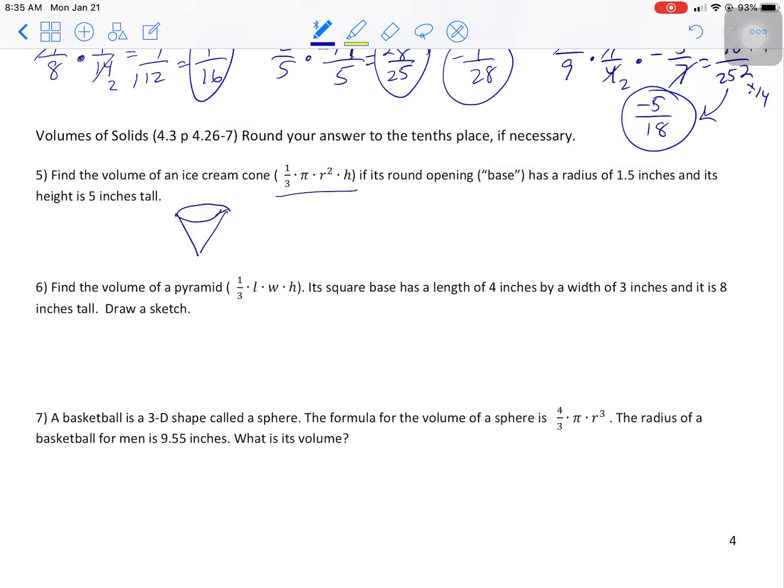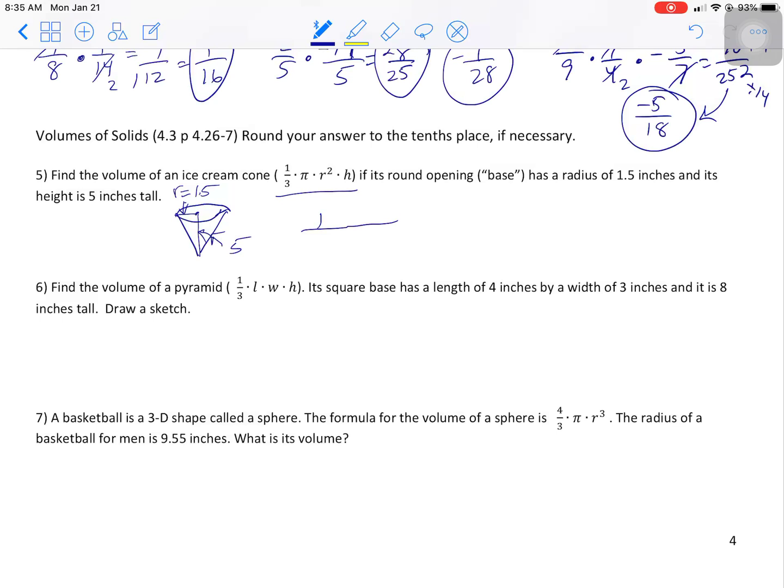And it says 1/3 times pi times the radius of the opening. R equals 1.5. Radius is in inches, and its height is 5. Drawing's not required.